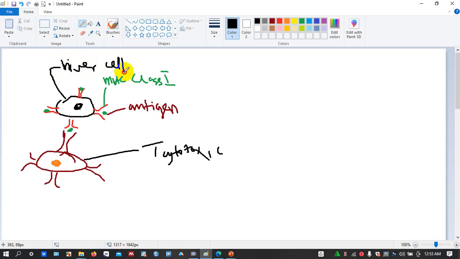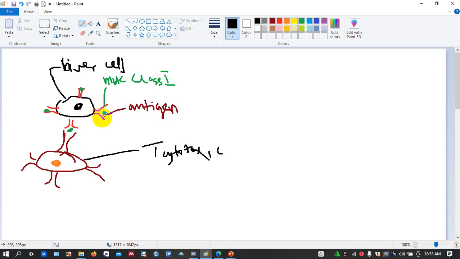You can see this liver cell is a nucleated cell. It has a nucleus. It presents the antigen on this red thing called MHC class 1, a receptor.